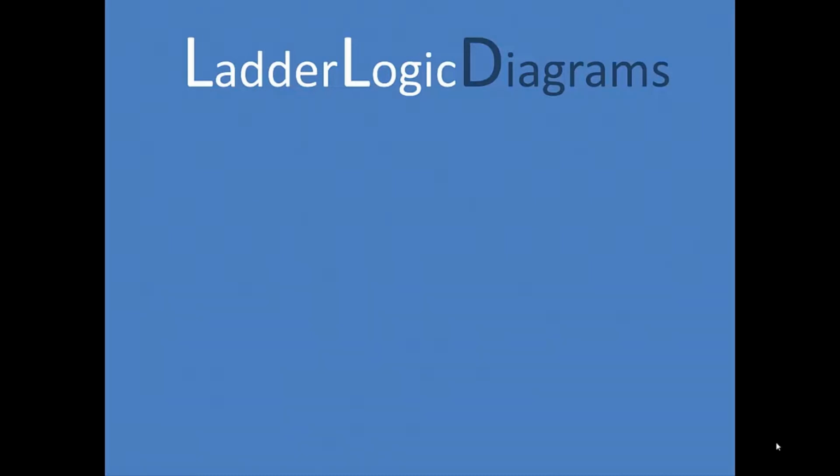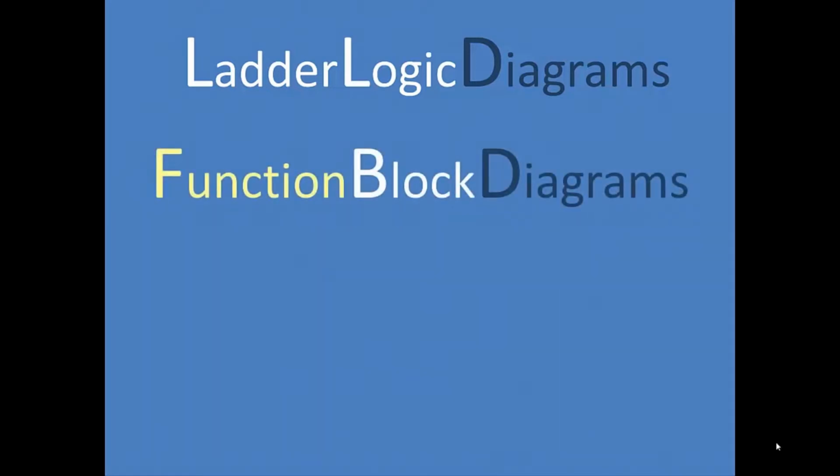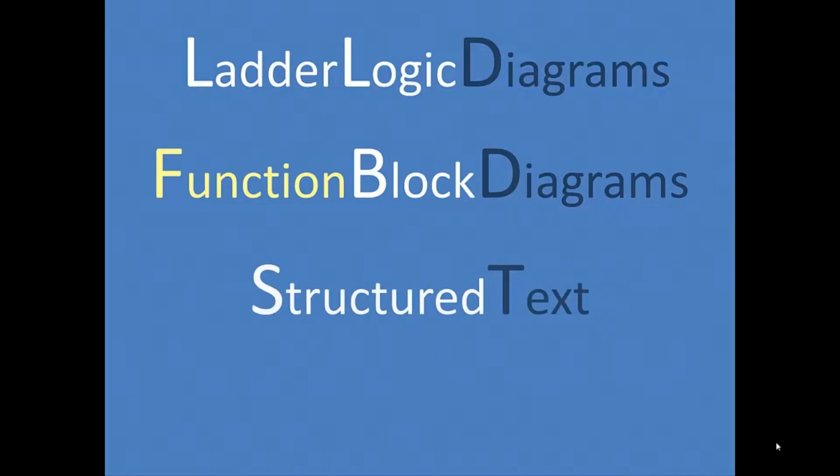Some processes are more friendly to ladder logic diagrams than they are to function block diagrams and structured text. And then, of course, function block diagrams is a more graphical representation, and the actual logical functions are implicit in the names of the blocks. And of course, structured text.